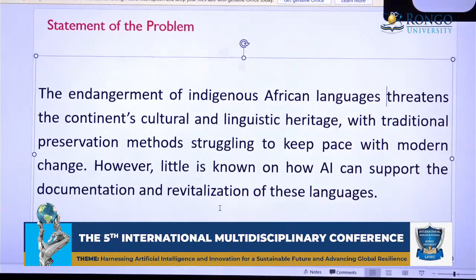The gap we bring in this study is that little is known on how AI can support the documentation and revitalization of these languages. With this AI advancement for language modeling, speech recognition, and also translation, I saw an opportunity to bridge the gap between technology and linguistic preservation.